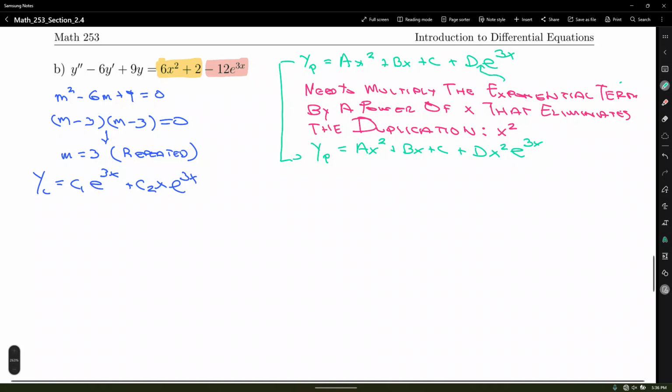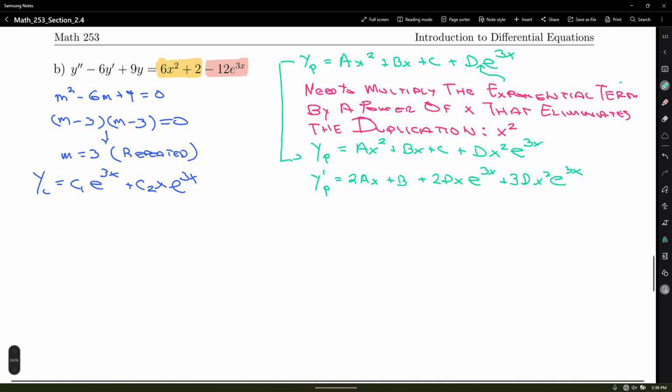Let's find the two derivatives. y prime sub p equals 2ax plus b, the derivative of c is 0, plus, a product rule here, the derivative of dx squared, that's 2dx e to the 3x, plus the derivative of e to the 3x, which is itself, and I'm going to multiply by 3 in front of the x squared. So that is the first derivative.